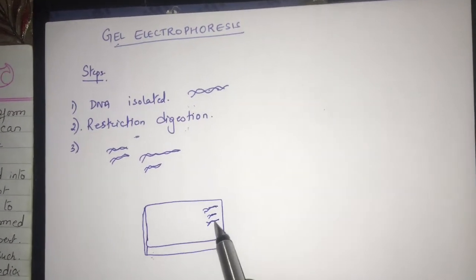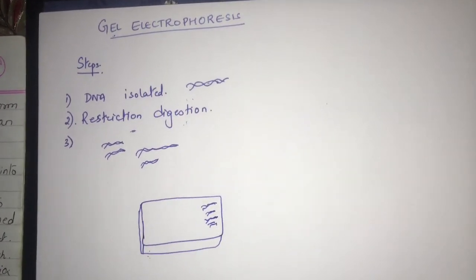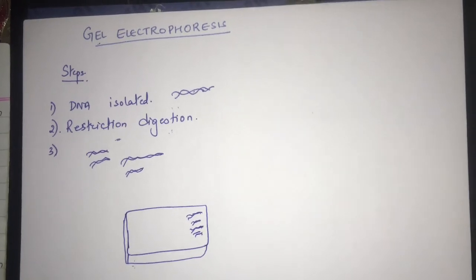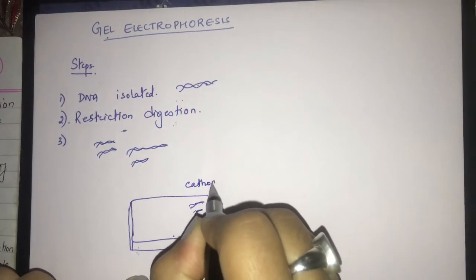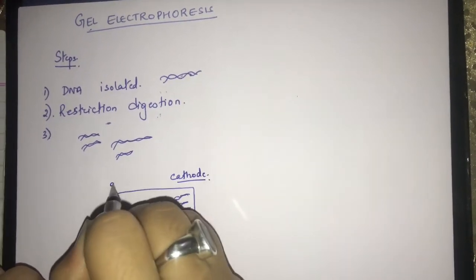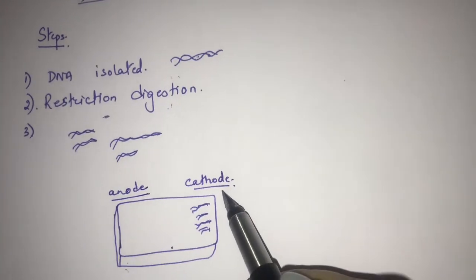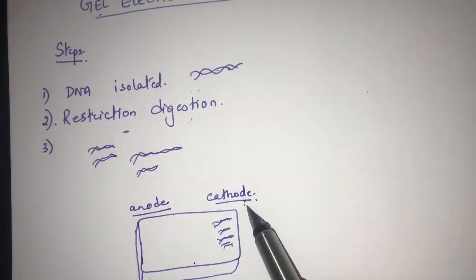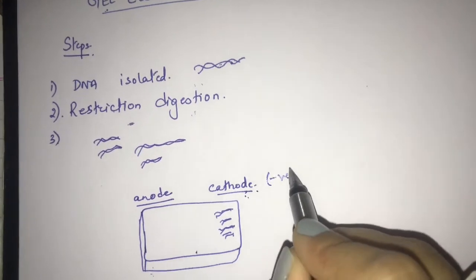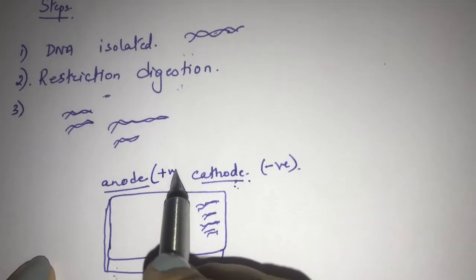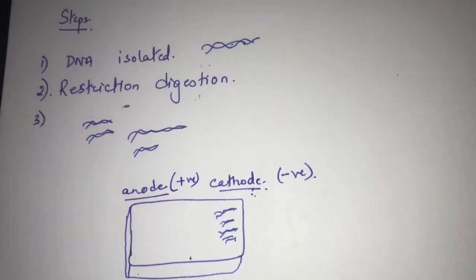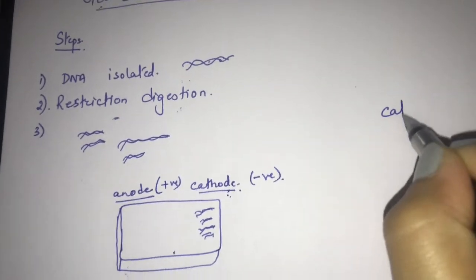Now what happens after it is loaded in a loading well? This loading well has a cathode and an anode. You know that the cathode is an electrode, a rod, which is negatively charged, whereas the anode is positively charged. Don't get confused.